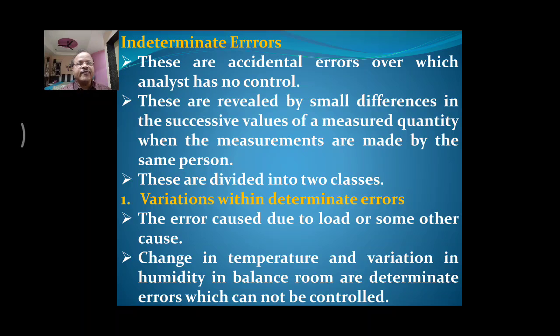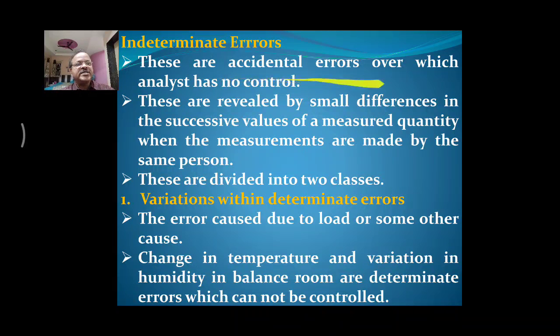This was about the determinate errors. Now the second type of errors are called indeterminate errors. The errors which are uncertain, which we cannot control, are considered indeterminate errors.